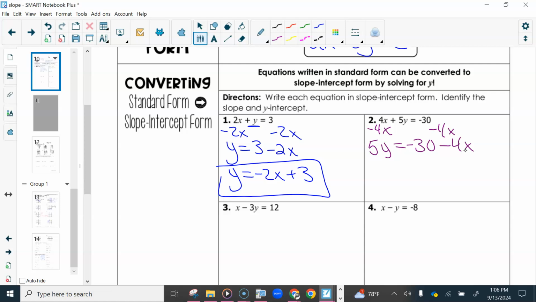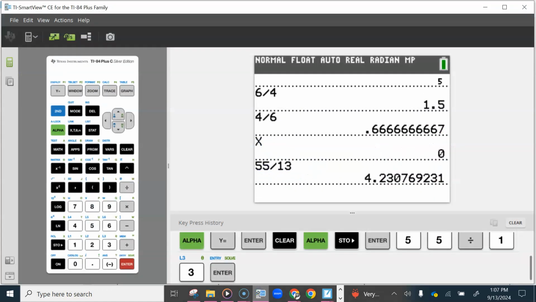Not minus, but divide. Because these two are next to each other, so they're multiplying. So to get rid of it, divide. And we're going to divide every single thing by 5. So that the 5's cancel, we get y. Negative 30 divided by 5 is negative 6. And then can this be simplified? Negative 4 divided by 5? So you're going to leave that as a fraction. If you wanted to see if it could be simplified, put that into your alpha y equals.